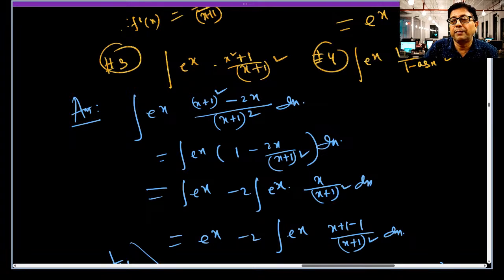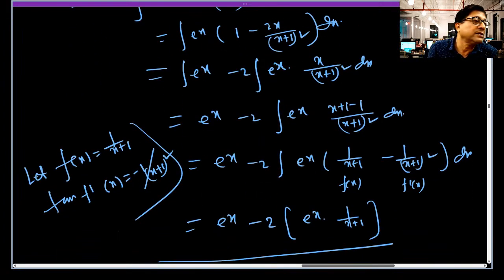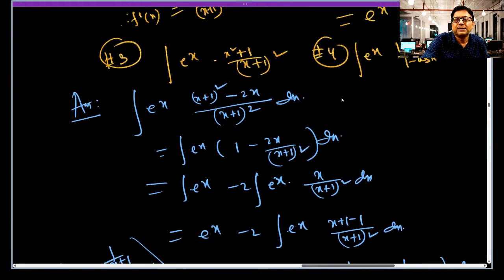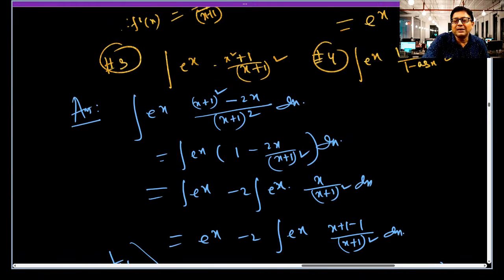Go for the next one. e to the power x (1 minus sin x) by (1 minus cos x). Try. Should try first, then only I will do. Sum is here. e to the power x into (1 minus sin x) by (1 minus cos x) dx. Okay.